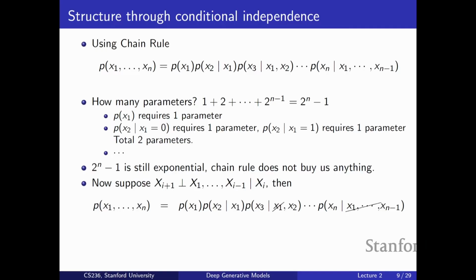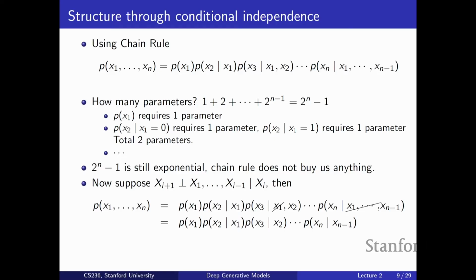If you're predicting the last word, you don't need to remember the entire sequence, the previous word is sufficient. Then you get this nice expression where the conditionals are simple: you're always conditioning on at most one variable. And so now we get big savings.